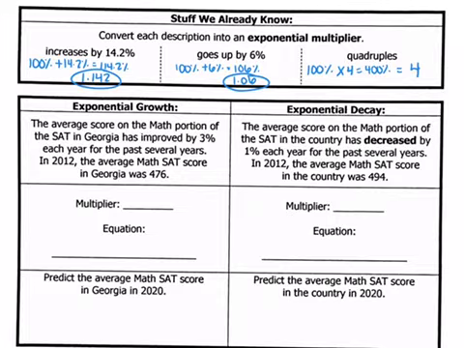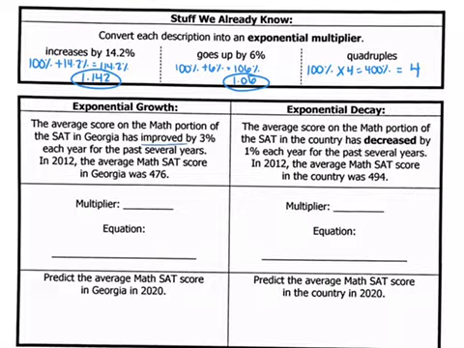For the 2 examples, we're looking at an example on the left for exponential growth and then an example on the right that's going to do decay instead. So the example on the left should look more familiar. It's what we were doing in the previous lesson. This one says the average score on the math portion of the SAT in Georgia has improved by 3% each year for the past several years.